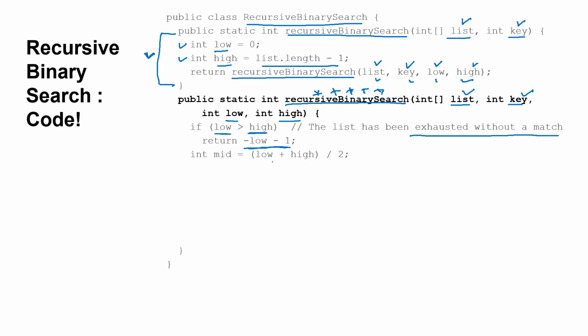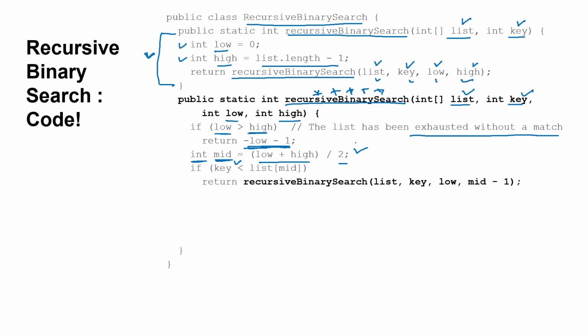Otherwise, we have some elements left in the subarray to search. For that, we always compare with the middle element. How do we find the middle? Let's declare mid as an integer variable, which we can compute as low plus high divided by 2. That is going to be an integer value. Now we will look into 3 cases.